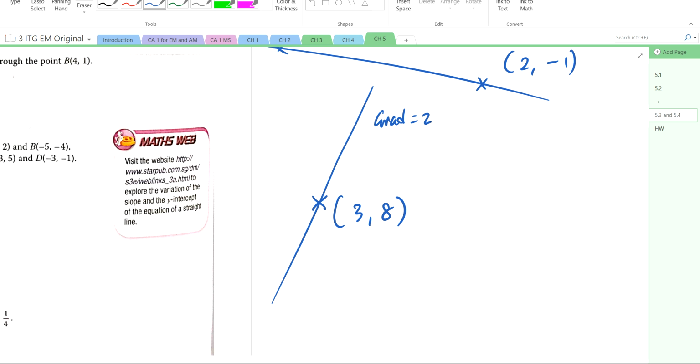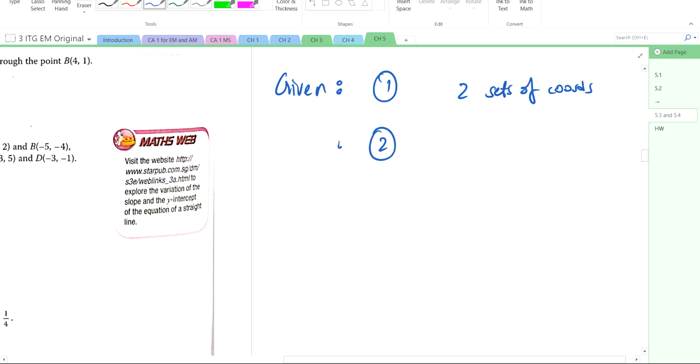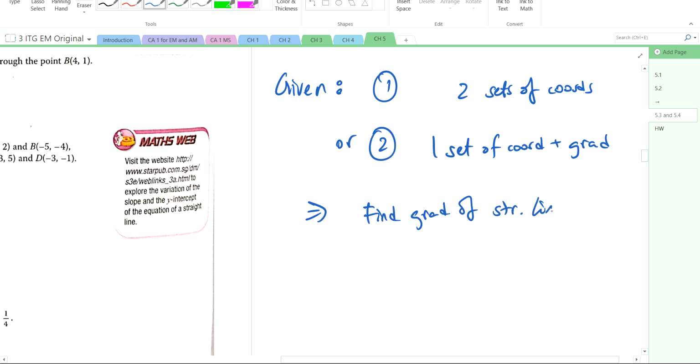So in summary, as long as you are given either 2 sets of coordinates, or 1 set of coordinates plus gradient, that means you can find the equation of a straight line, y = mx + c.